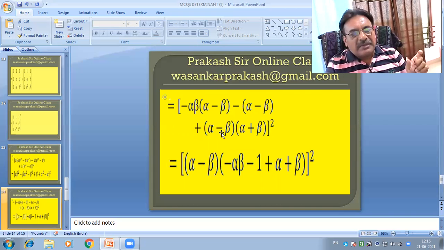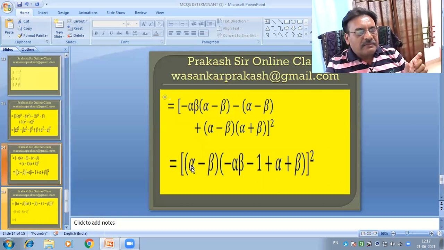Then from this alpha minus beta take common, in bracket minus alpha beta, minus 1, plus (alpha plus beta) whole square.